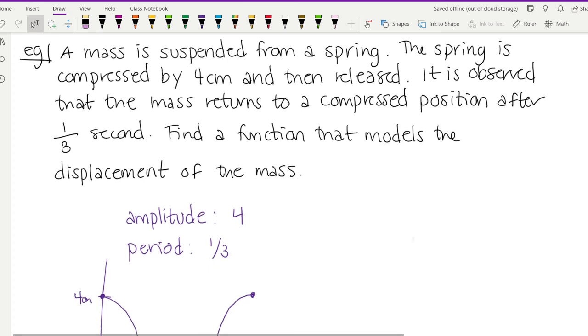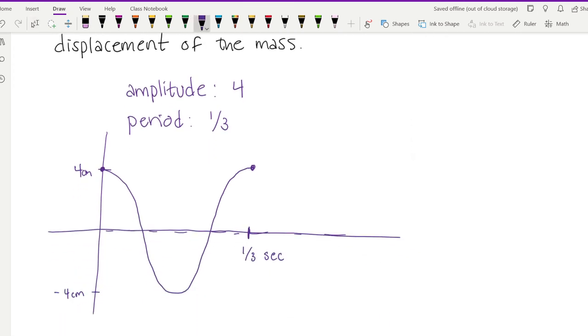And so that means that it's starting in its maximum position and going down from there. Which of the trig functions starts at its maximum and then goes down? That would be a cosine graph.